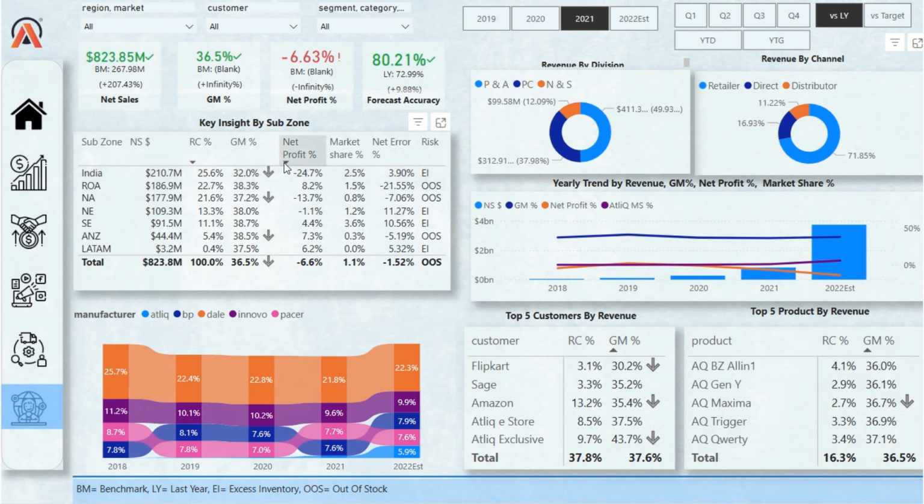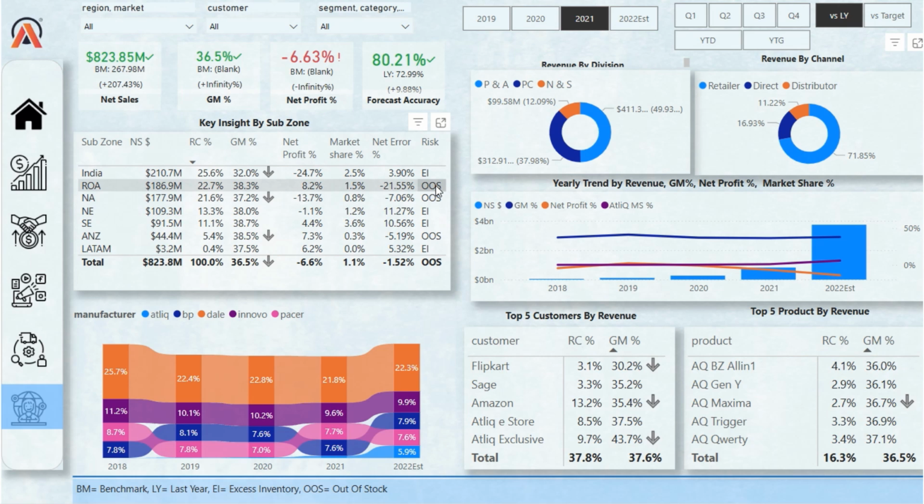And here, if you can see their net profit percent, India definitely has a very declining net profit, but they have a good market share compared to all. As you can see, the market share that they have is 2.5%, and nobody is even close to that. There's one zone as well which has a good market share, but the net sales is not that good. And here we can see the out of stock errors, by how much percent they were out of stock, and all of this data.